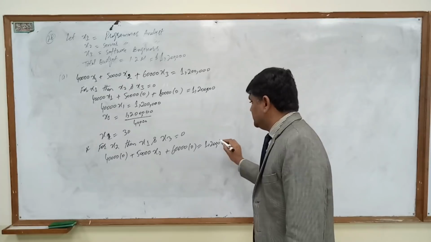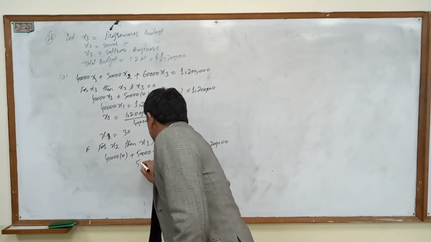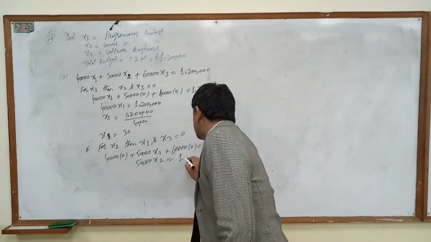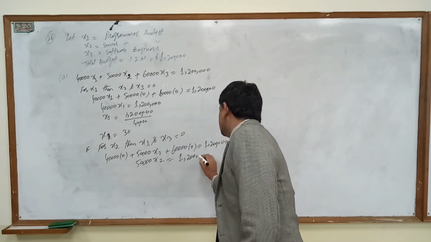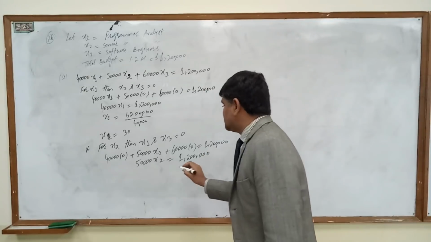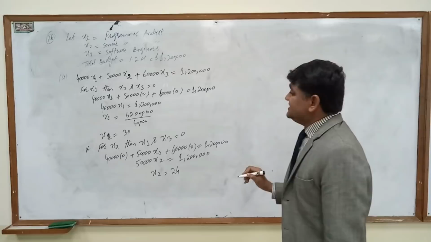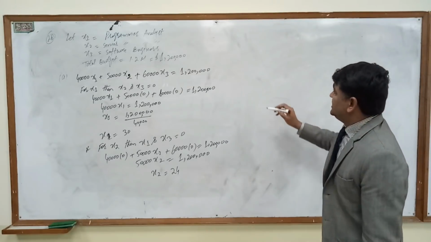Okay, students? So 50,000 X2 is equal to 1.2 million. So X2 is equal to 24. 24 senior programmer analysts can be hired.